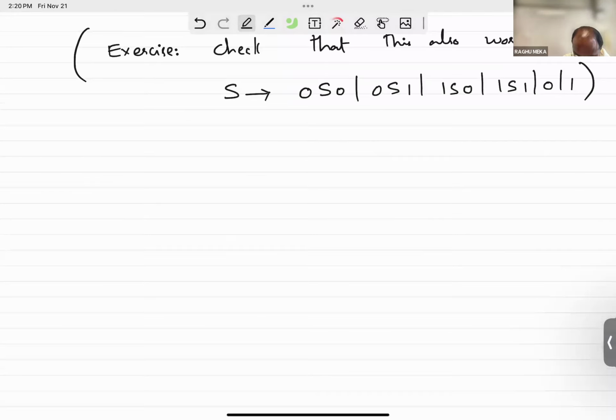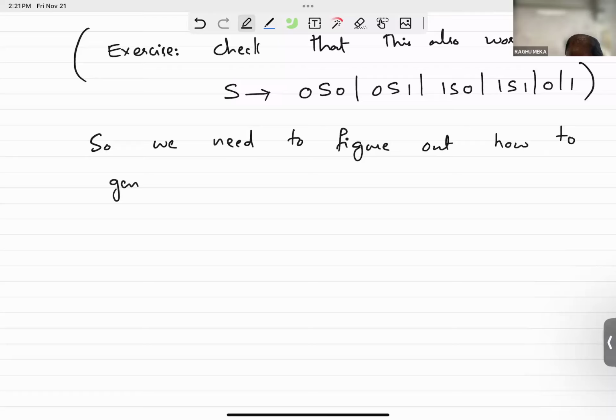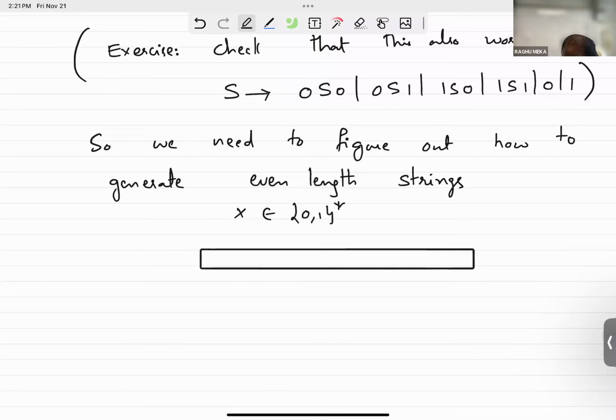So we need to figure out how to generate even length strings X. If it's even length, then there's the first half and the second half, both of equal length, where we want to make sure that the first half is not equal to the second half, right?